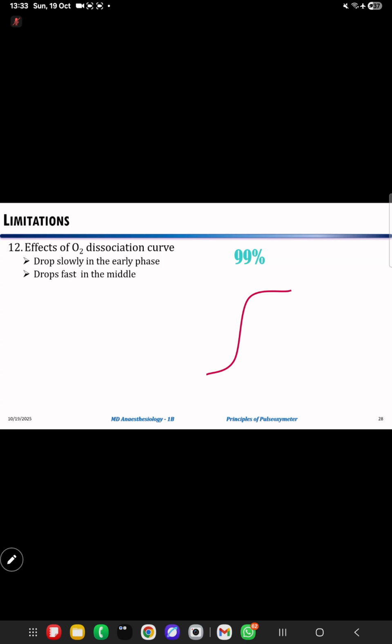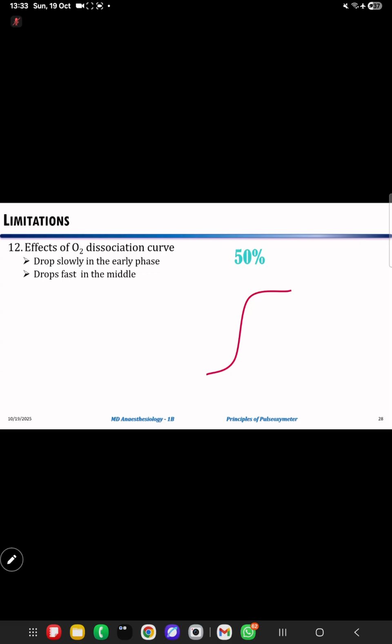Now, when you see the desaturation process, you will see initially it drops very slowly, from 99, 98, 97, 95, and then it gradually starts dropping very quickly.